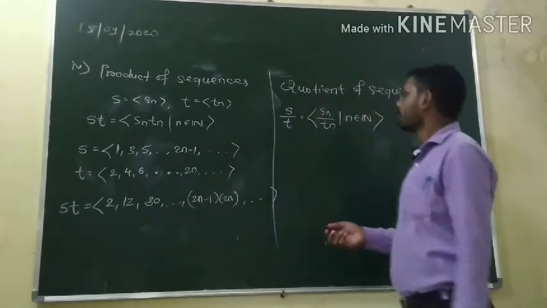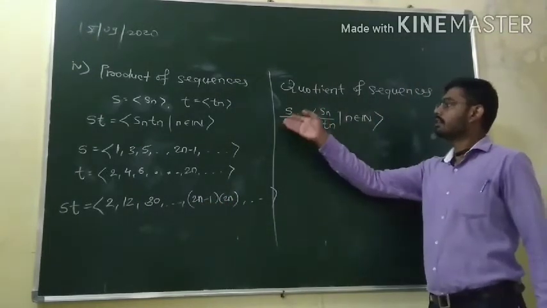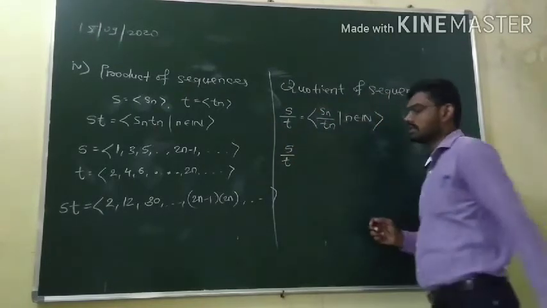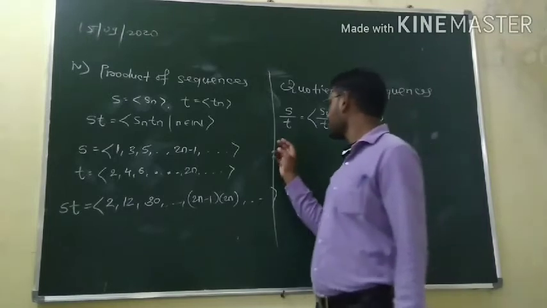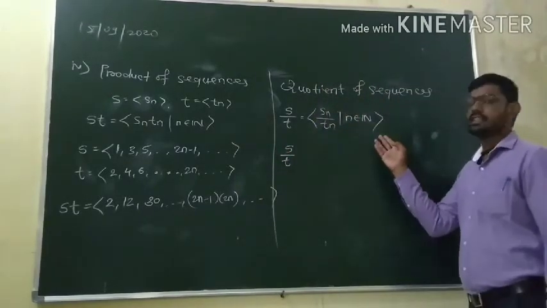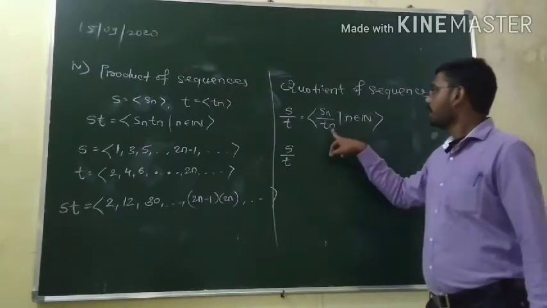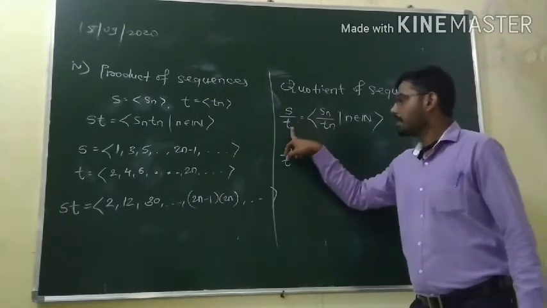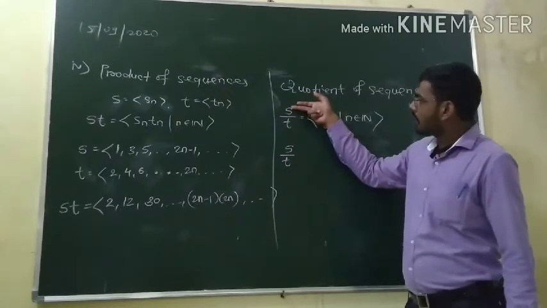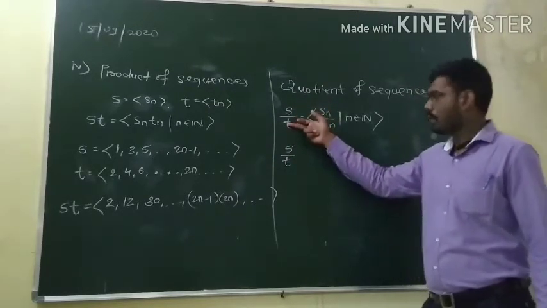Okay. Now, in a similar pattern, we will list the elements of the new sequence, that is the division of the sequence S by T. But the only condition here is that if any element of the sequence T is 0, we cannot write the sequence S by T. Why?